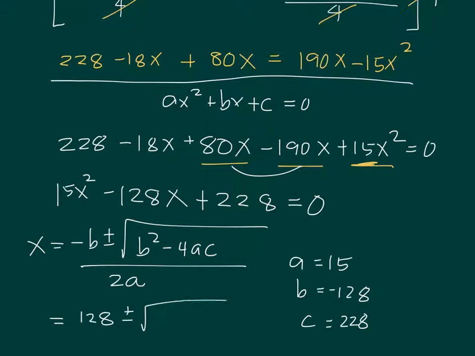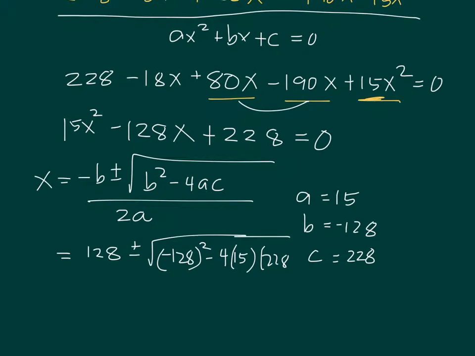Plus or minus, negative 128 will get squared. Then you have 4 times a is 15 and c is 228. And then this will be divided by 2a, which is 2 times 15. So I'll just write 30.